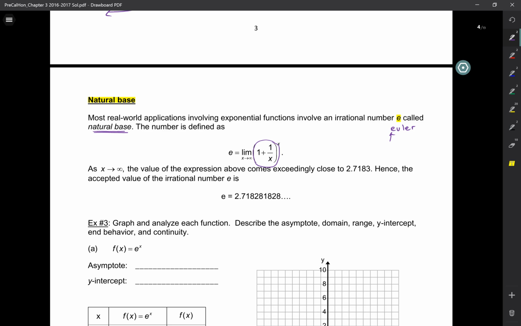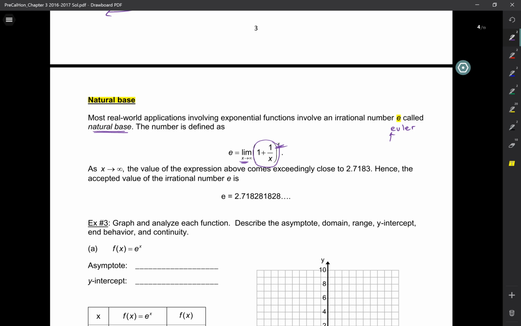It's very often what we have to do to 1 plus 1 over x is raise it to the power of x. And even more often, what we have to do is see what happens to this function as x approaches infinity. So you could imagine, oh my gosh, I'm raising this to the power of x, and if x is infinity, then this is a huge number.